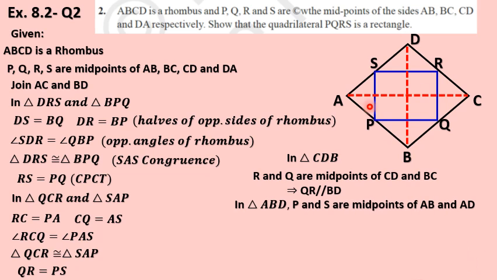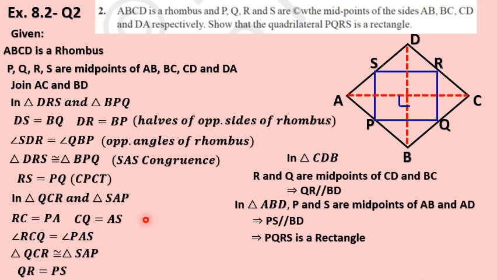Then in triangle ABD, P and S are midpoints, so that means PS is parallel to BD. So we got that PQRS is a rectangle. Opposite sides are equal, so PQRS is a rectangle.